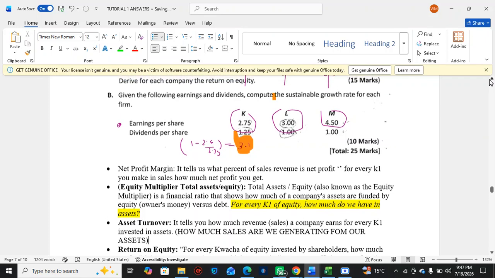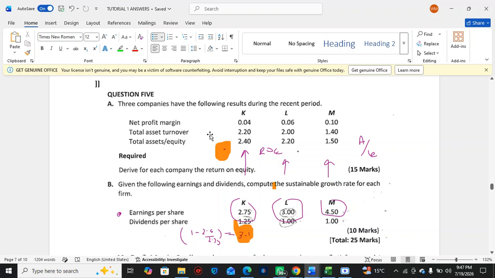Okay. So for company K, for every one kwacha they've invested in their assets, the assets are generating them 2 kwacha 20 ngwe in sales. Company L, for every one kwacha they've invested in their assets, the assets are generating them 2 kwacha in sales. For company M, they're earning 1 kwacha 14 ngwe in sales.